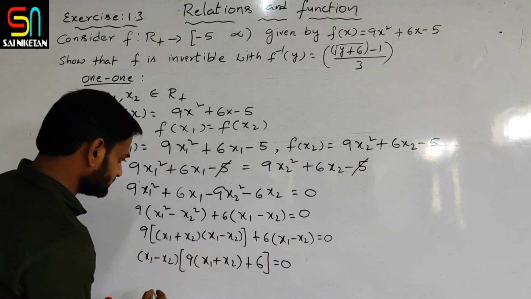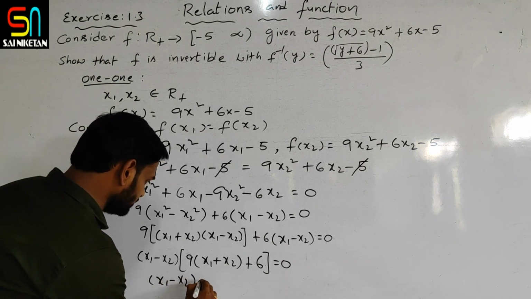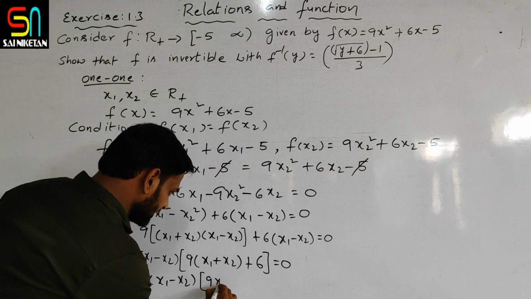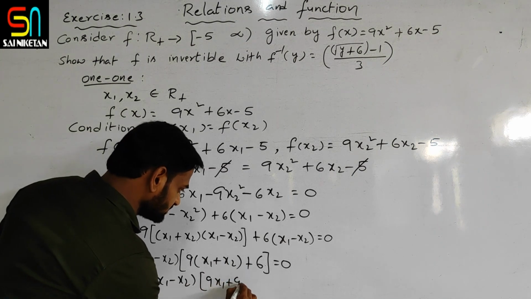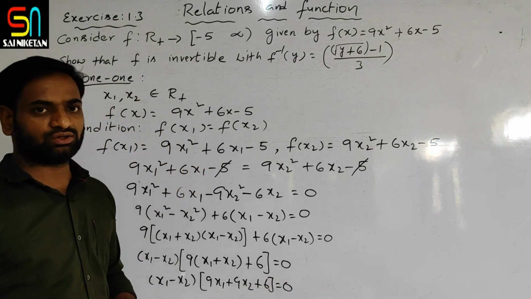Now see, I am writing this as (x1 minus x2) multiplied by (9x1 plus 9x2 plus 6) equal to 0.